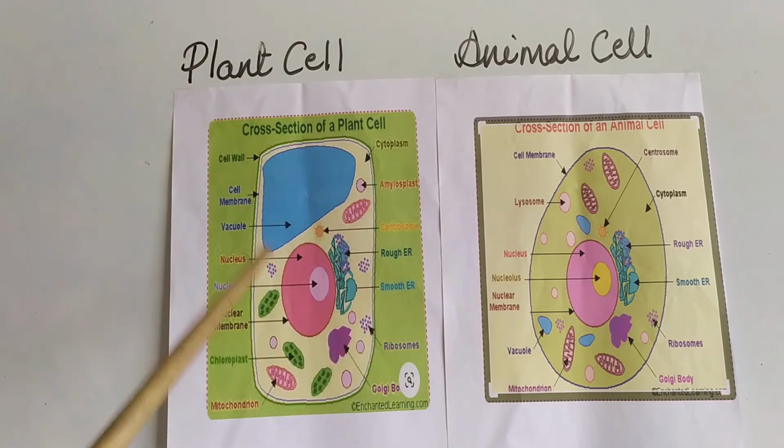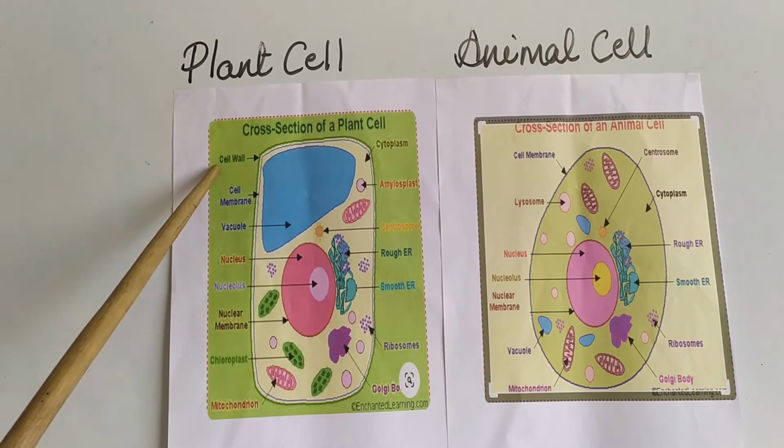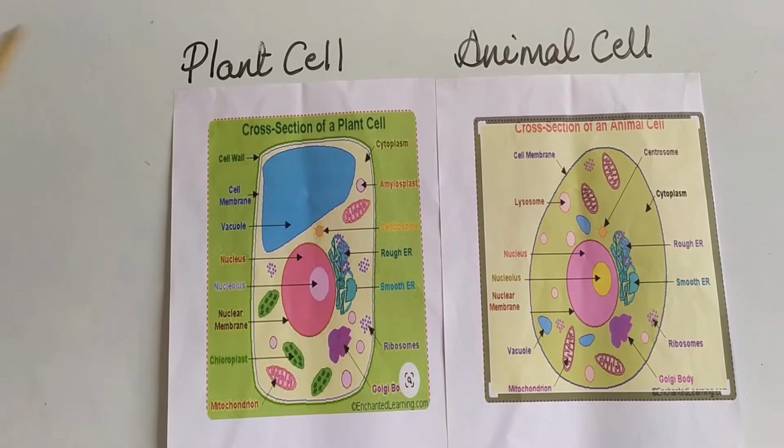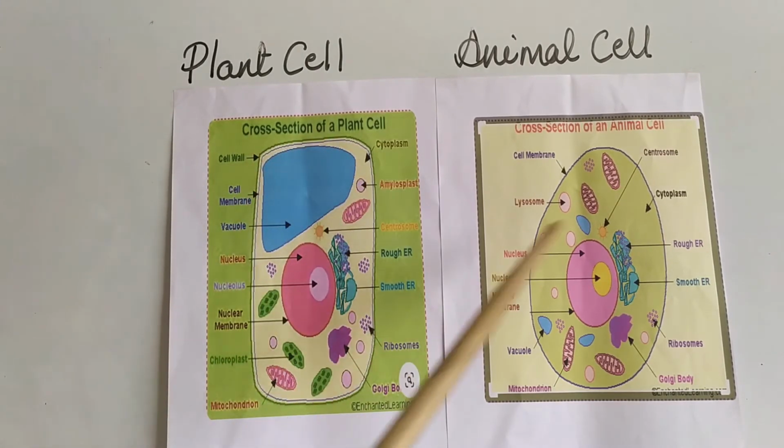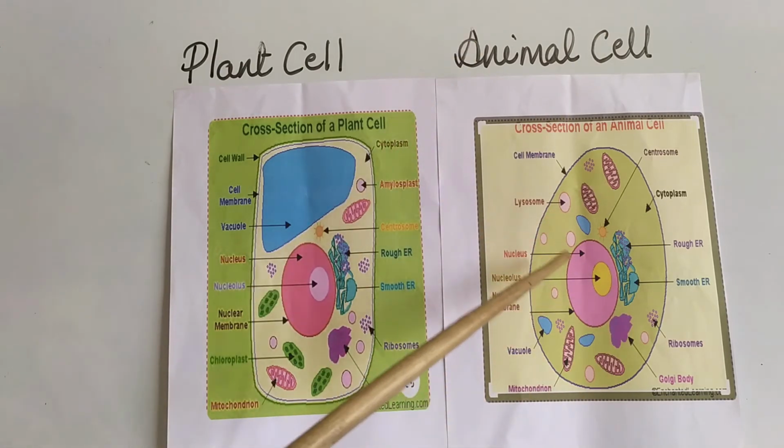That means now, what are the things which are present in this and not present in this? Cell wall is present in plant cell but not in the animal cell. Chloroplast is present in the plant cell but not in the animal cell. There is one more part which we talk about.